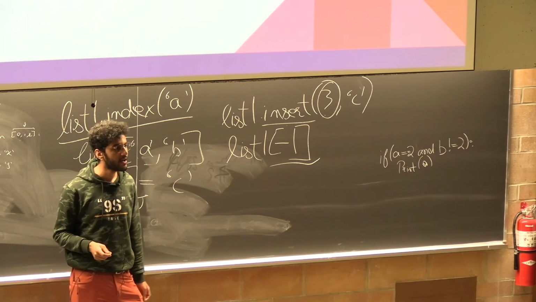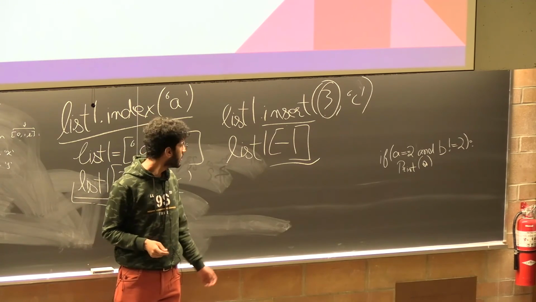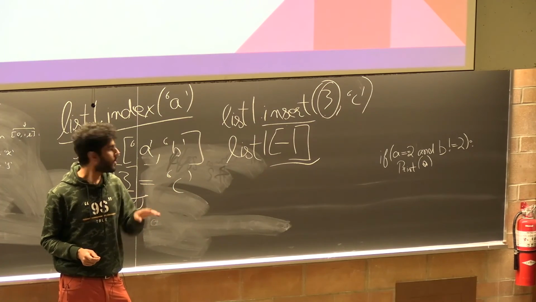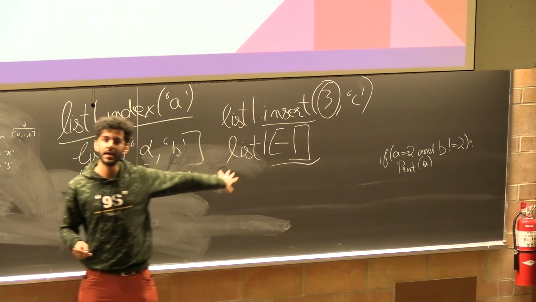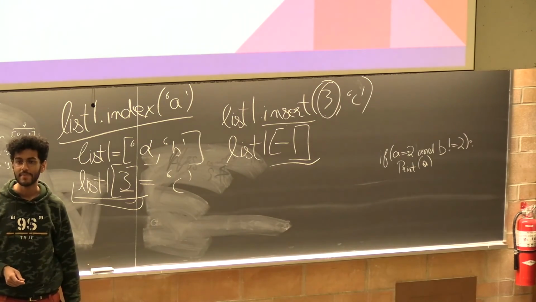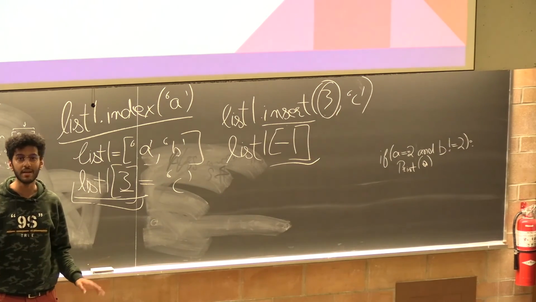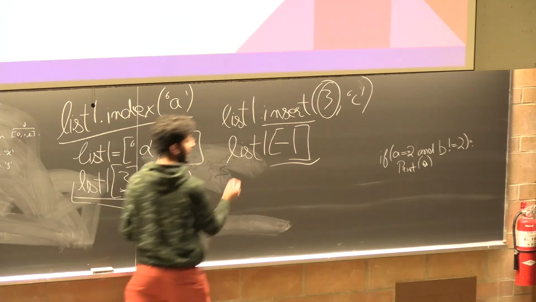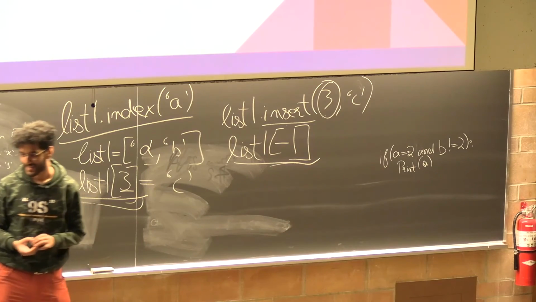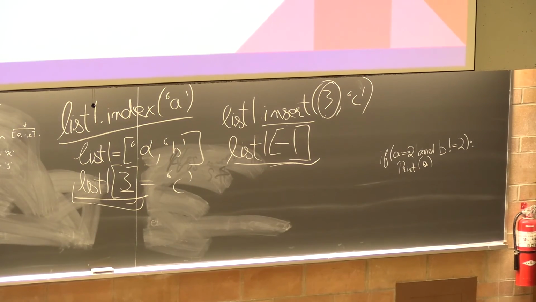No, nothing to do with length. What will list 1 at index -1 give you? The last element. This will give you the last element. Is that clear for everybody?